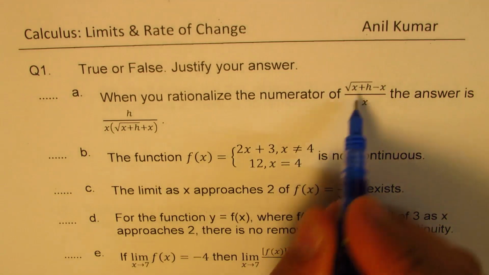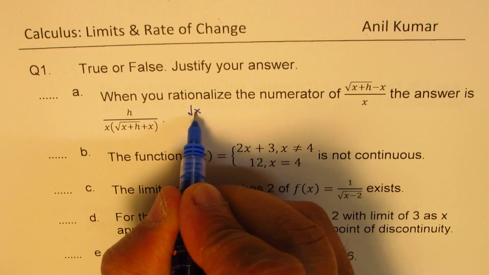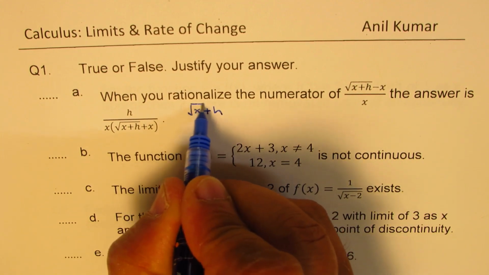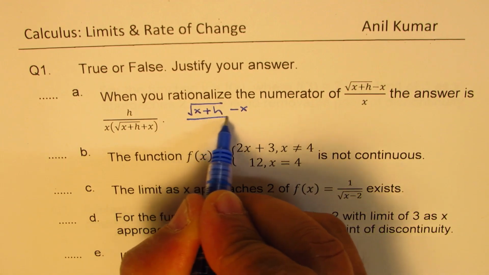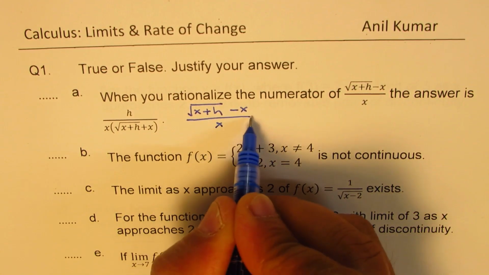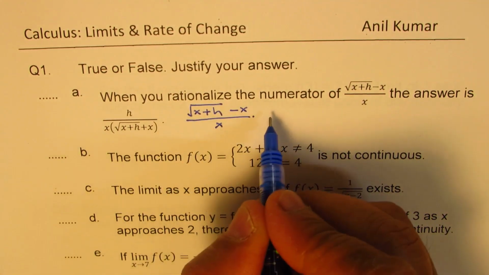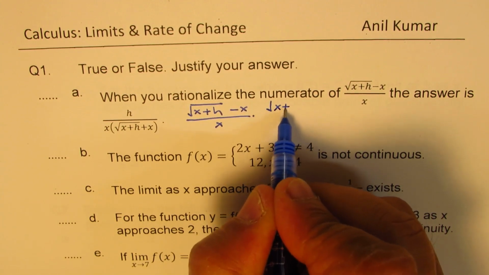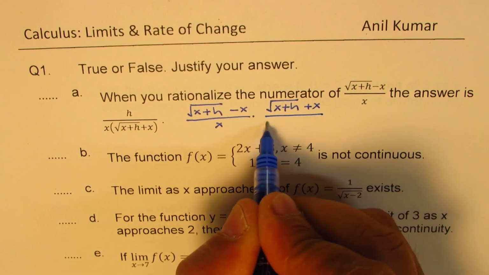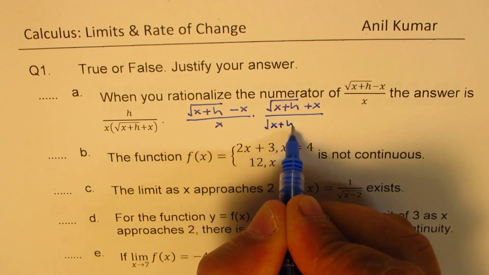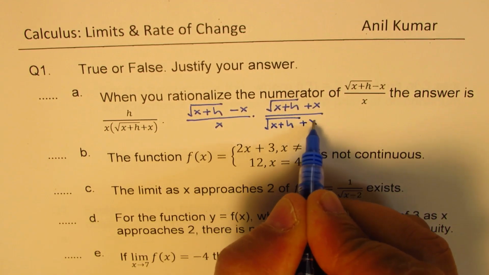Let's figure it out. Rationalization means you multiply and divide by the conjugate, right? We need to rationalize the numerator, so we'll multiply and divide by the conjugate of the numerator, which is square root of x plus h plus square root of x, divided by square root of x plus h plus square root of x.